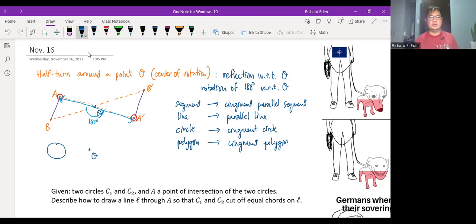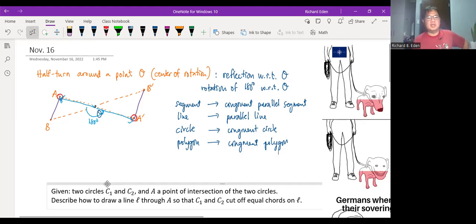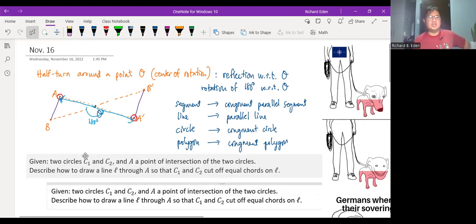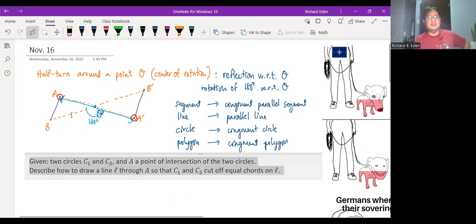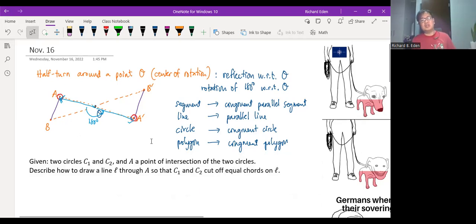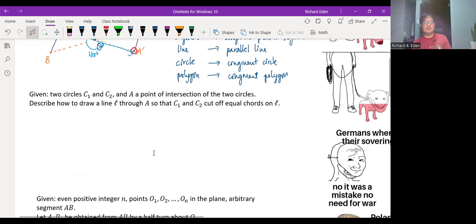So basically, anything around the half turn is being transported about that point. But there may be a change in orientation, as you can see in the illustration: A is on top and B is at the bottom, but when you do the half turn, B prime is on top and A prime is at the bottom.